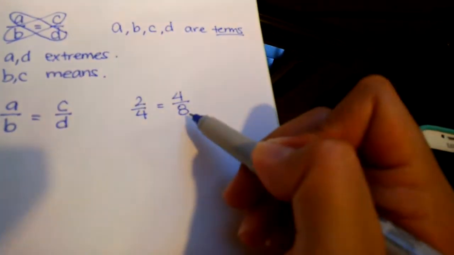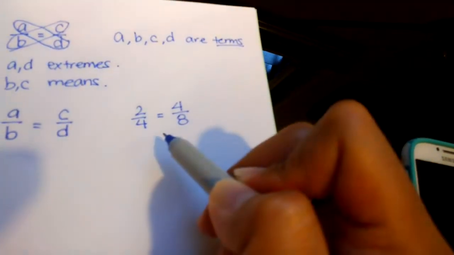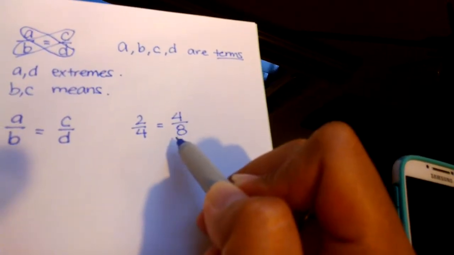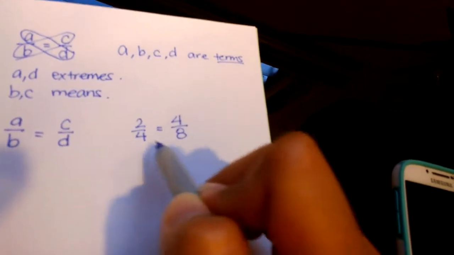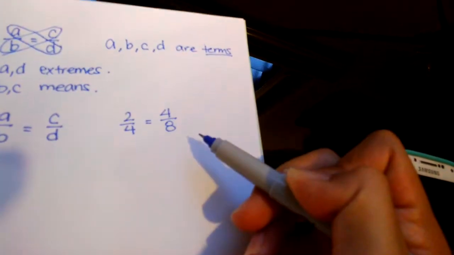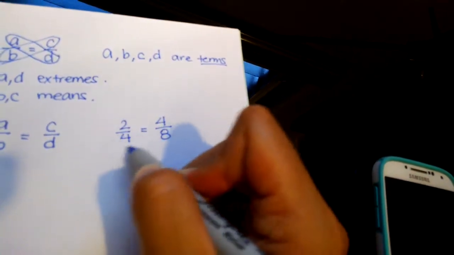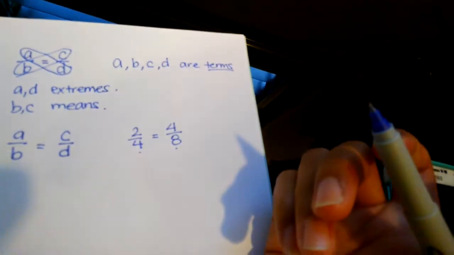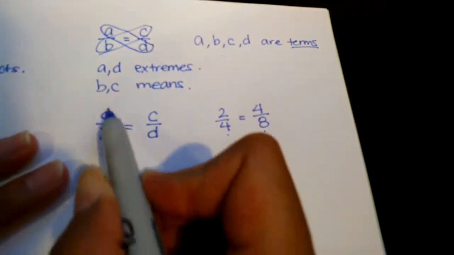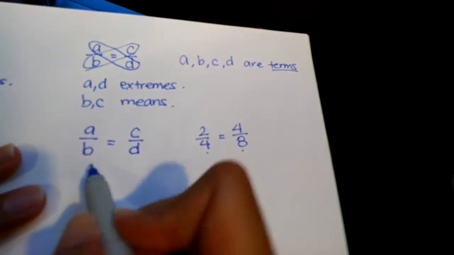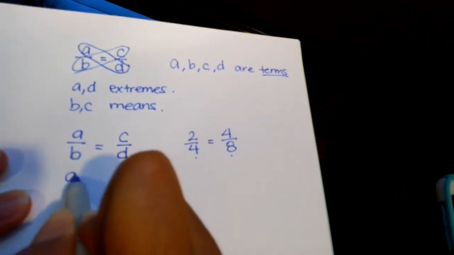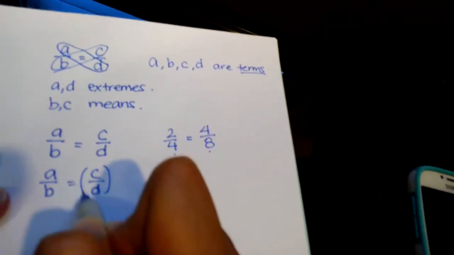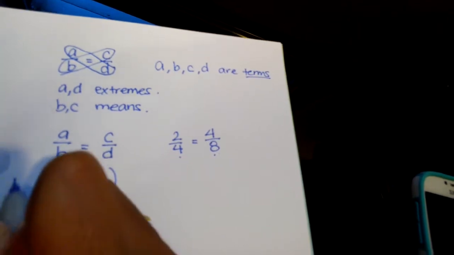If we want to compare them, like we mentioned before in previous classes, we should have a common denominator. The easiest way to do it is just to multiply these two together and you have a common thing. So more generically, if we have something like that, I'm going to multiply both sides by B times D.